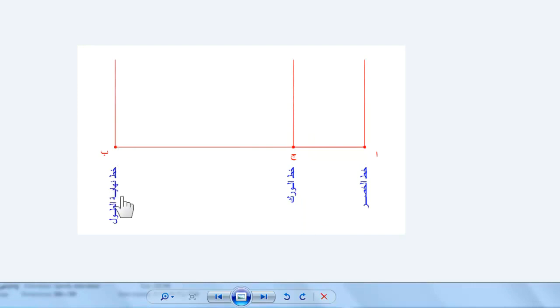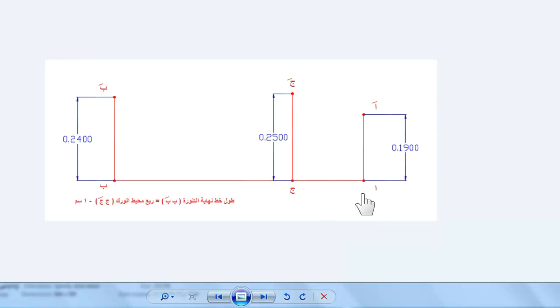After that, now we measure the three lines in front of us. Line A to open A is 19 centimeters. Then there's line G to open G, which is quarter circulation of the hips, measuring 25 centimeters.